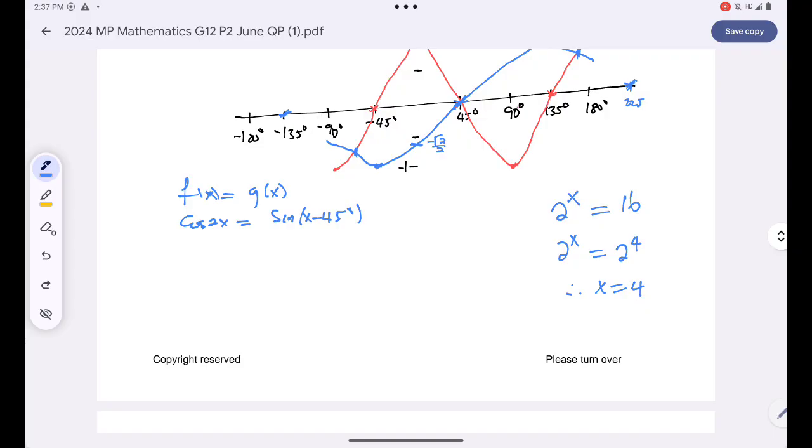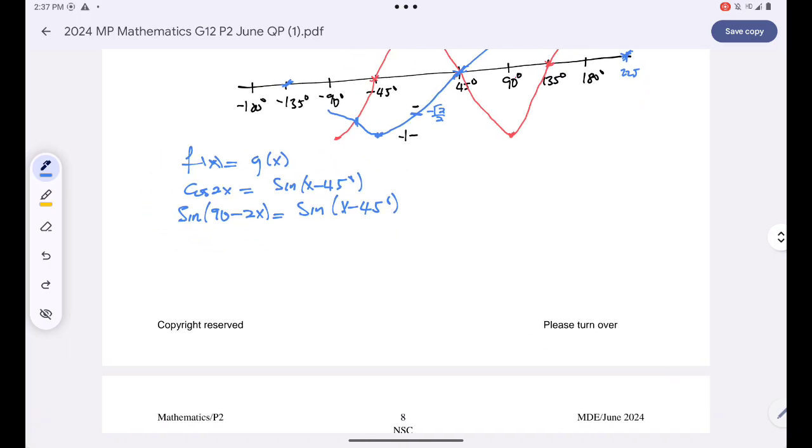All over here, guys, it will be easier for us to make the trig ratios the same and then find the general solution. Cos 2x is also written as sine of 90 minus 2x. This is just equal to sine of x minus 45 degrees.